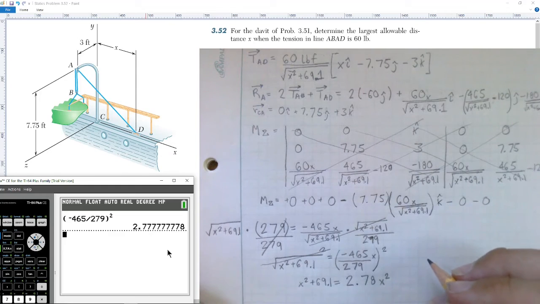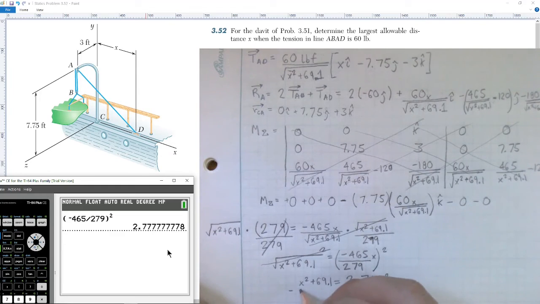So we can go ahead and subtract minus 1x squared over here, implied 1, always remember, minus an x squared over here. So this would give us minus 1, this would just give us a 1.78x squared value equal to 69.1. We can divide both sides by 1.78.